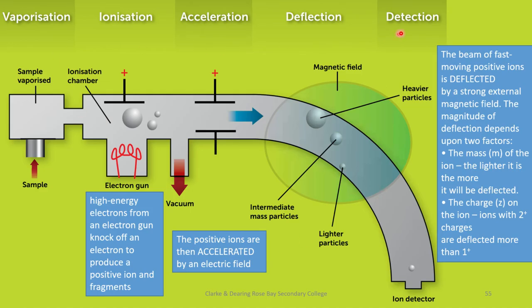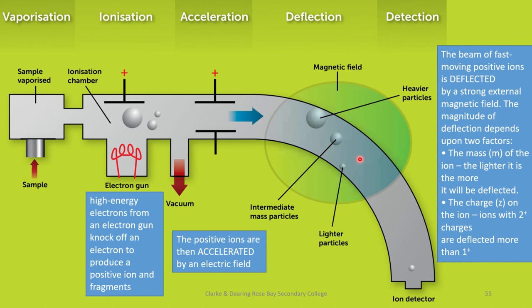Again, this is just the main process of mass spectra. We have to have vaporization first. We need to make it into a gas. Once it's a gas, you can ionize it with the electron gun, so we can knock off one electron from the molecule to make it into a positive ion. This can allow it to break into fragments, which are then accelerated by the electric field.